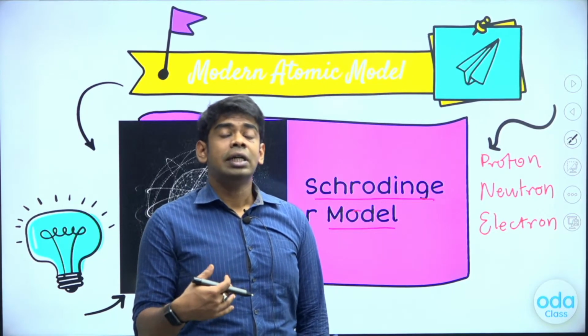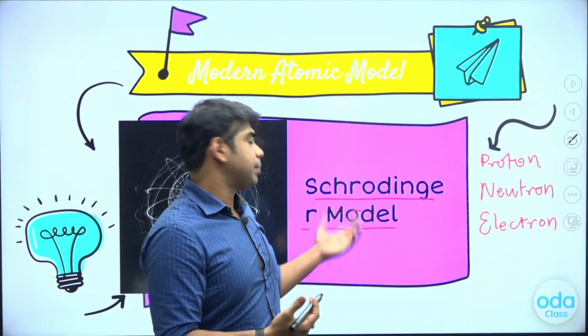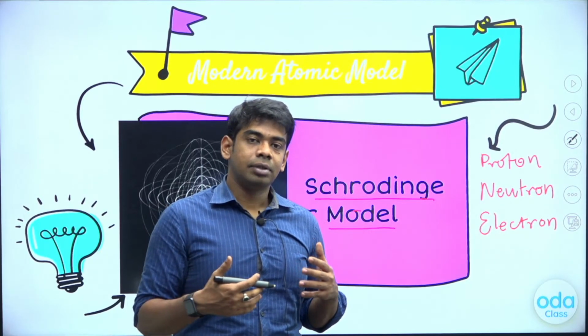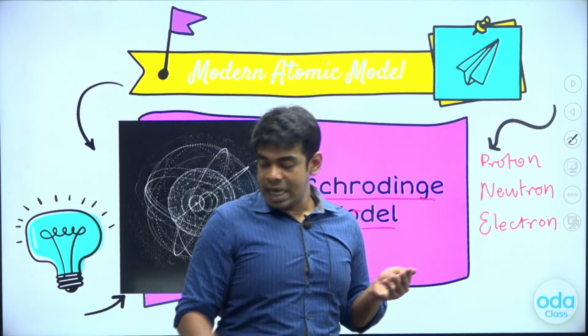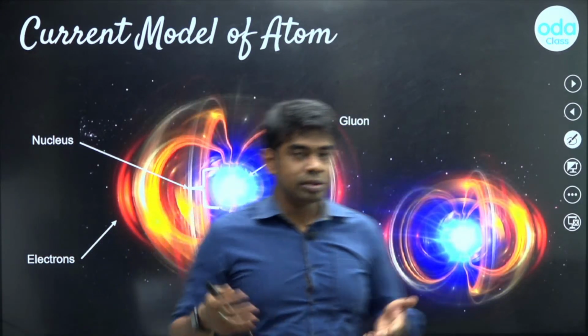We found out there are more subatomic, more fundamental particles present in any atom. So it changed a little bit, and then we modified our atom to this particular model.